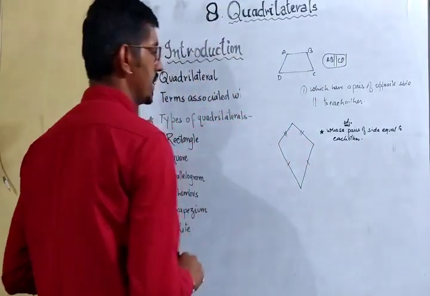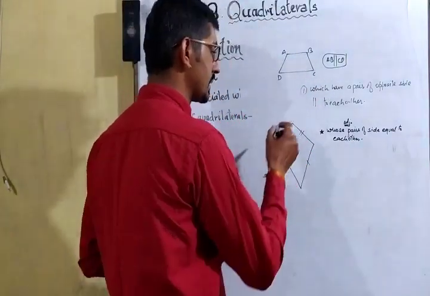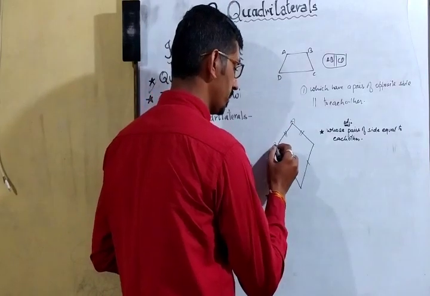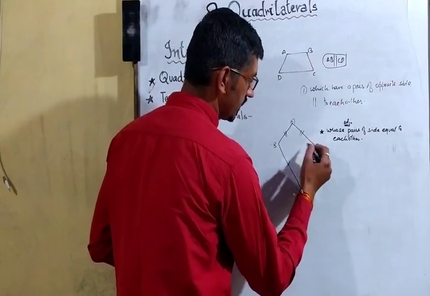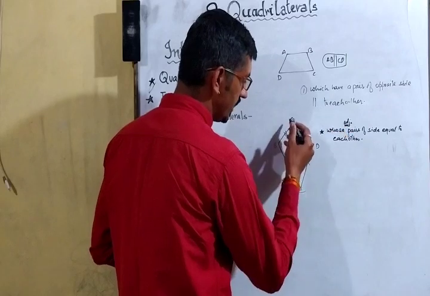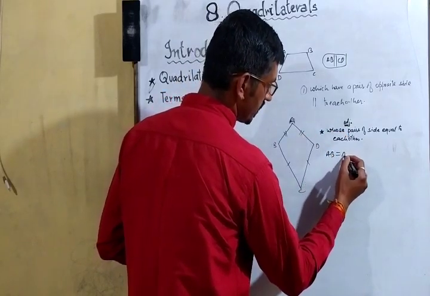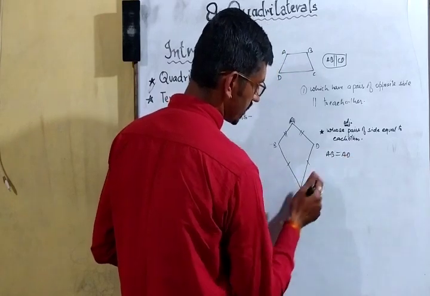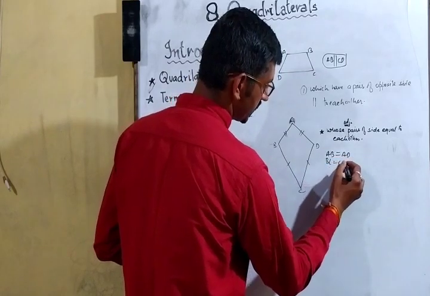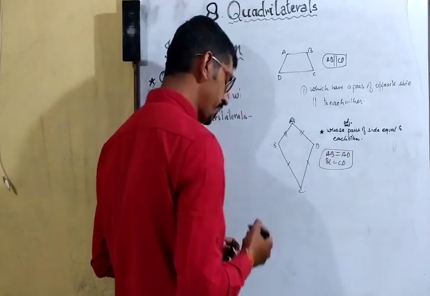So this type of figure is said to be a kite. A, B, C, D. So what is the property? It says that AB must be equal to AD and BC must be equal to CD. So this type of figure is said to be kite.